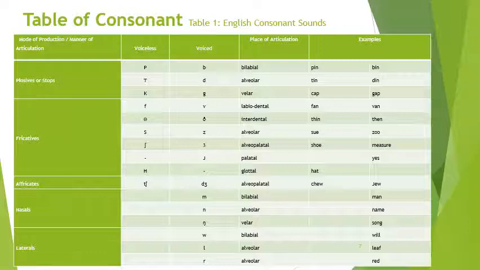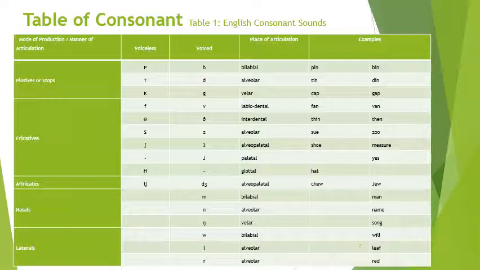Yes, as we can see on these slides, we have a diagram or a table containing the 24 English consonant sounds. And we have in the table the three yardsticks of determining a particular consonant sound, which we have taken in the previous slides.